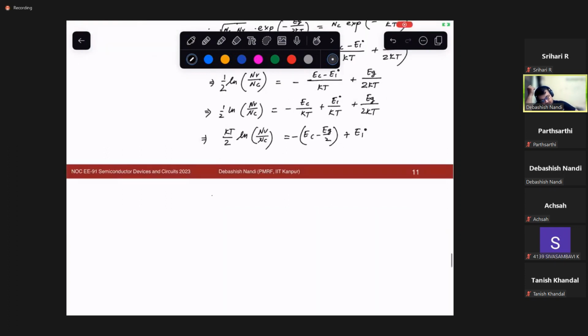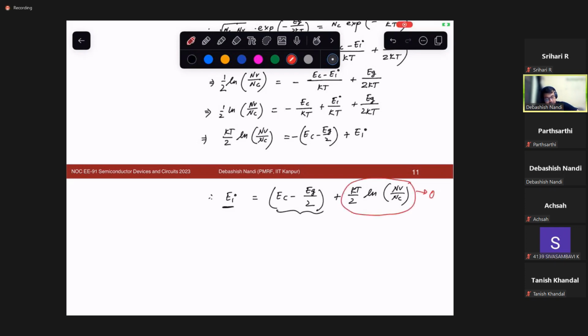So if I calculate Ei, it would come out to be Ec minus Eg by 2 plus Kt by 2 ln Nv by Nc. Now I want this to be equal to this. So that means this term should go to 0.